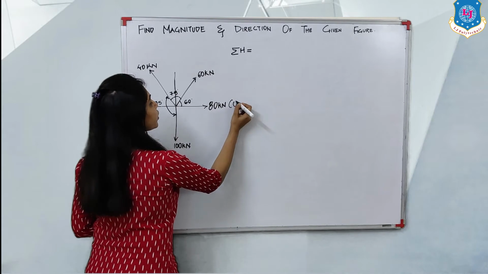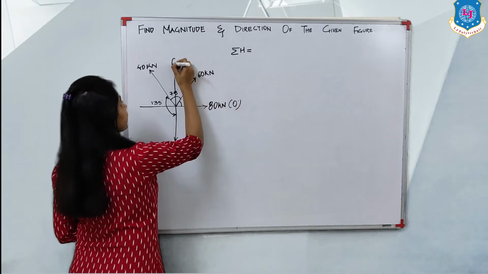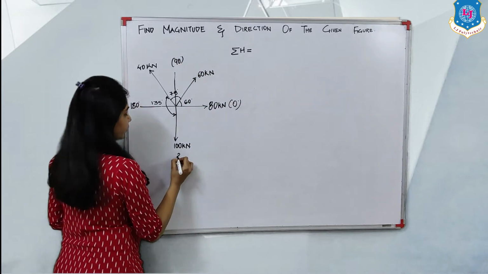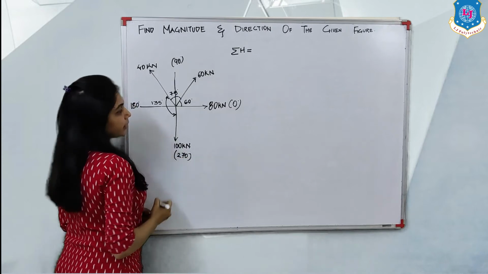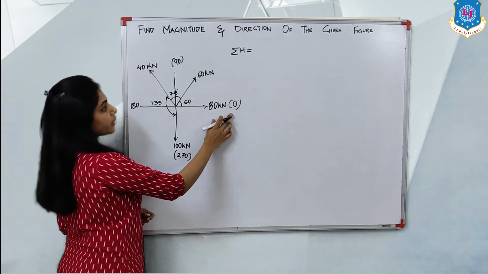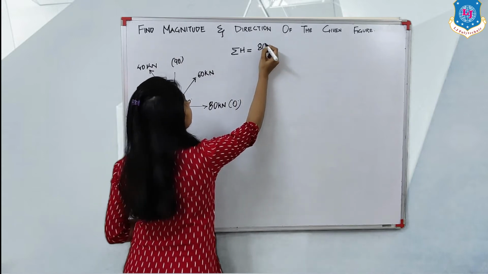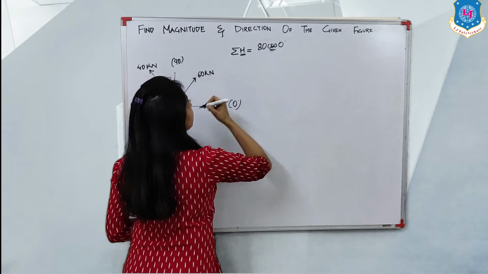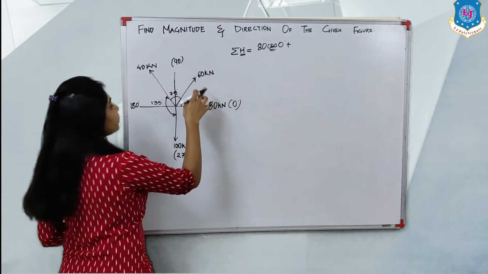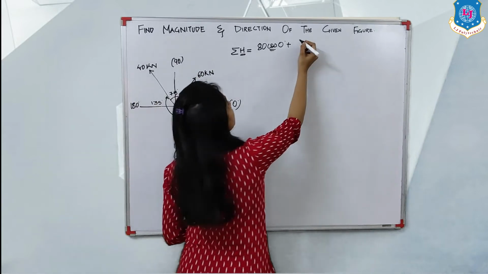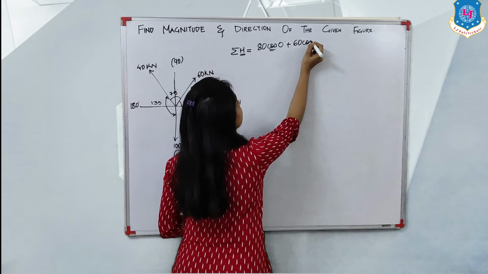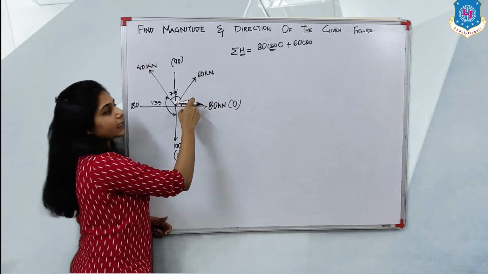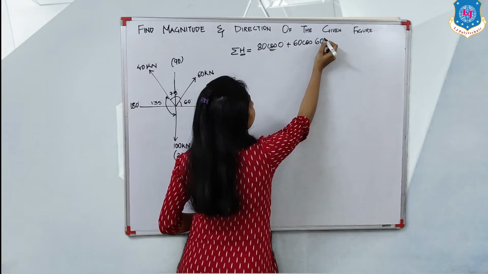if I see quadrant wise, this is at 0 degree, this is 90 degree, 180 degree and 270 degree. So starting from the 0 degree I get 80 cos 0 degree, horizontal means cos theta. Between 0 and 90 I have my 60 degree, 60 cos, the angle in front of whichever force it is, meaning 60 degree.